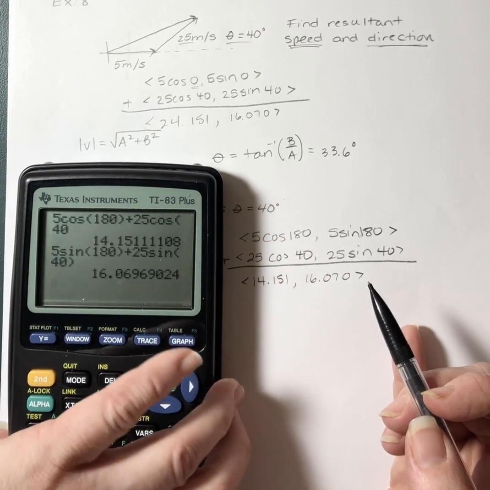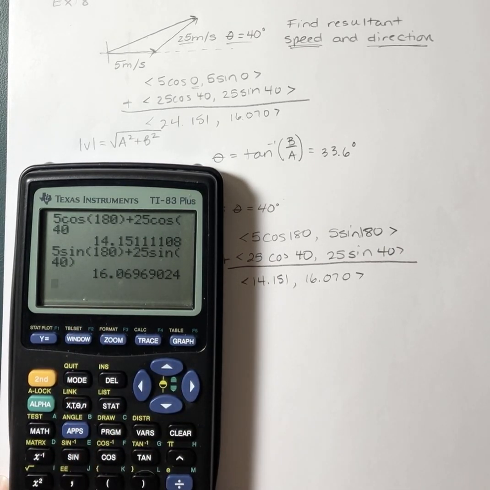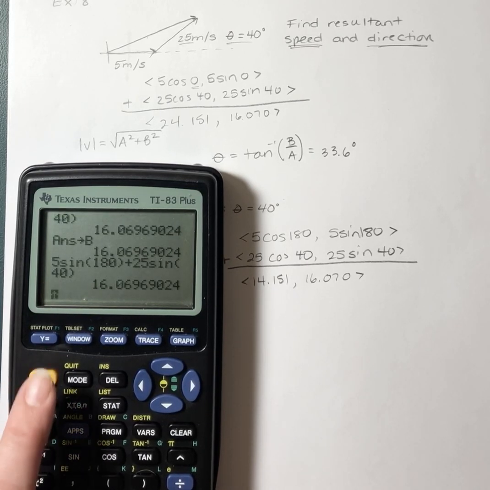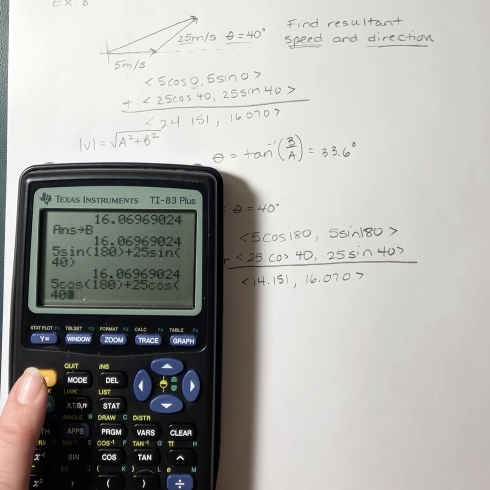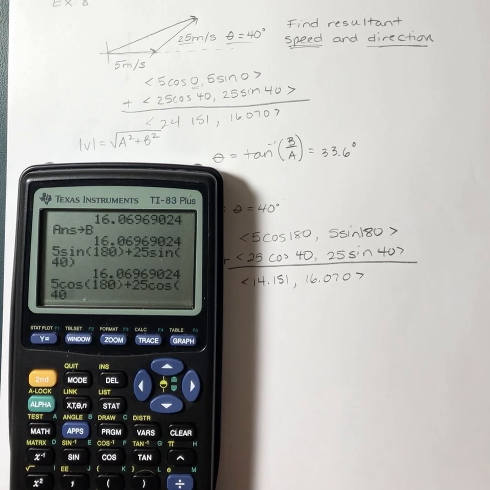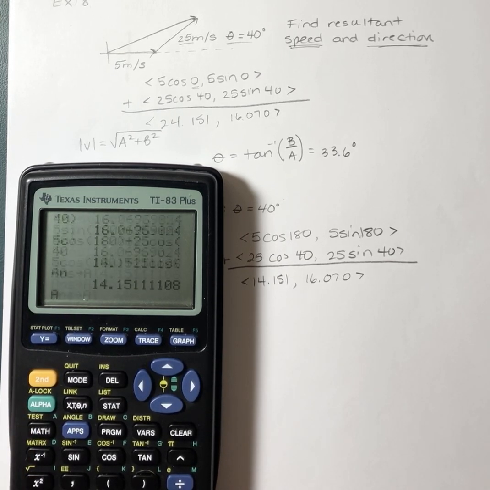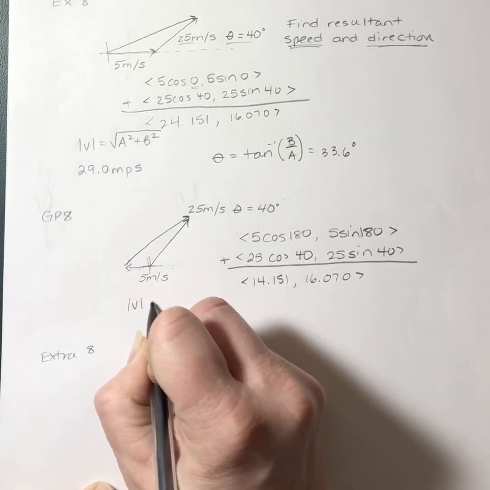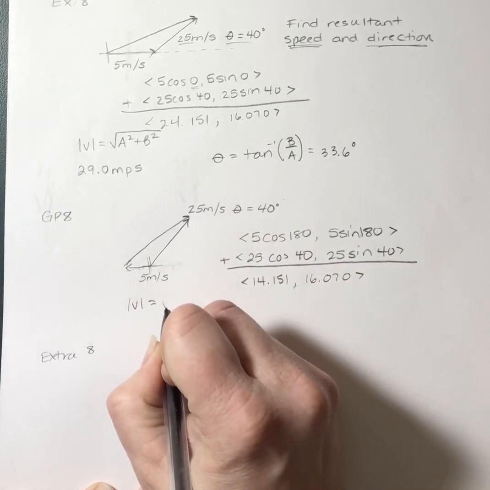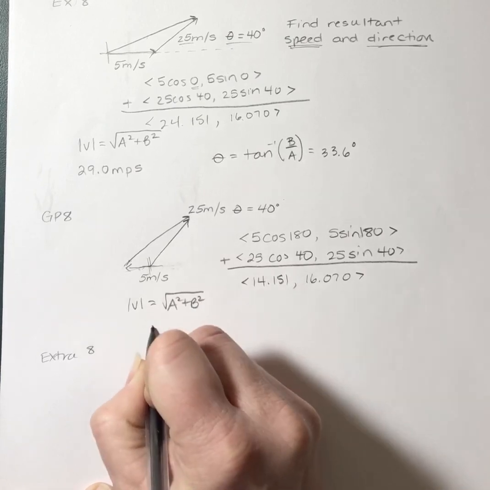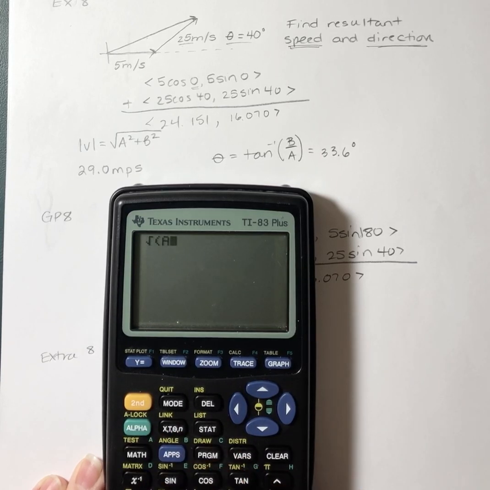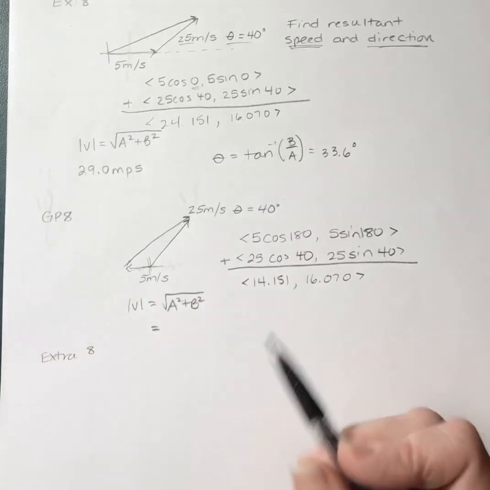I should have stored this one as B, and I didn't, so I'm going to store it as B. Then I'm going to go back, and there we go: 5 cosine of 180 plus 25 cosine of 40, and I store that one as A. To find my magnitude, the speed of his pass, I take the square root of A squared plus B squared. So 21.4 meters per second.